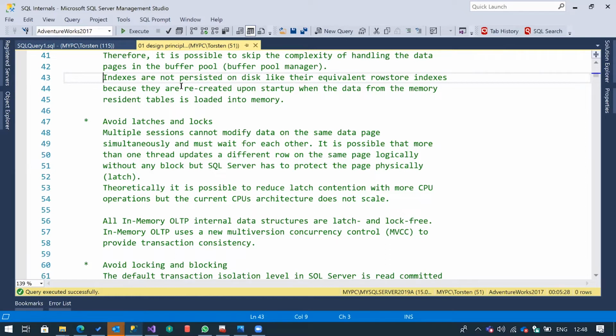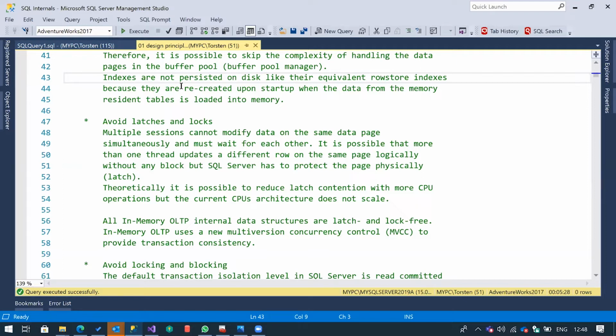But the indexes you create for an in-memory OLTP table are not saved to disk, and they are not part of the transaction log. That means index maintenance and everything like this is much cheaper.